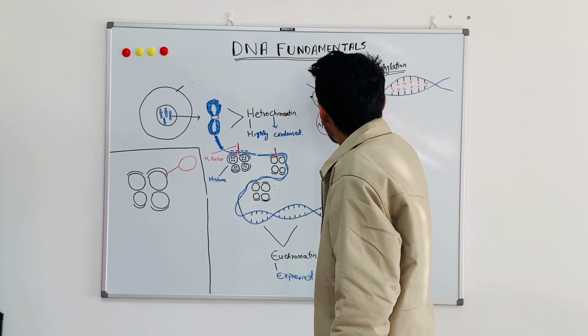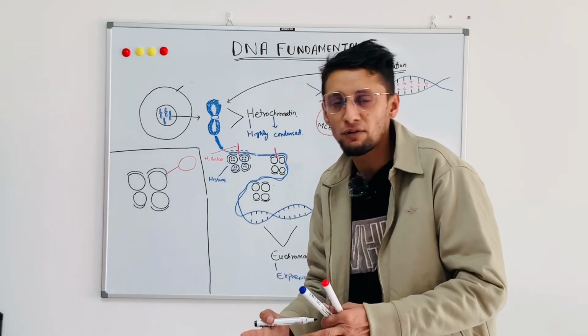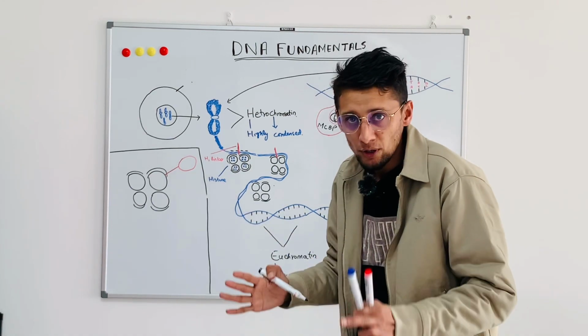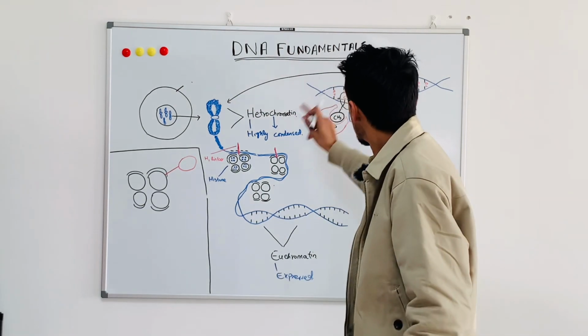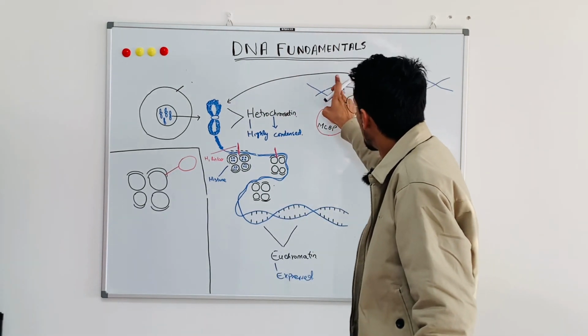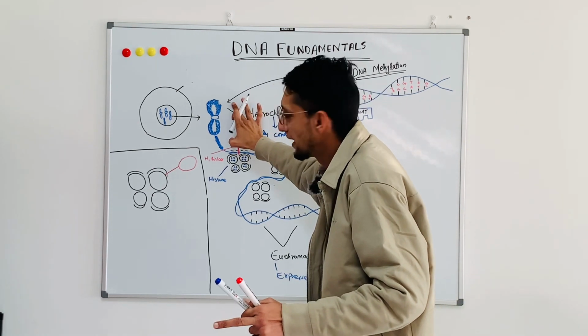So it will make it what? DNA methylation helps in condensation. I told you that in condensed form, DNA is not producing any proteins, and to produce proteins, DNA has to be transcribed. So the major function of DNA methylation is to make the DNA mute.